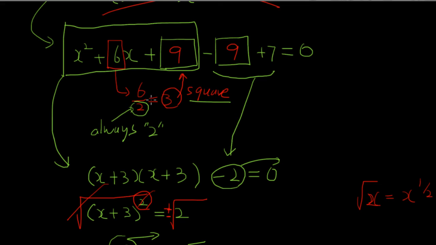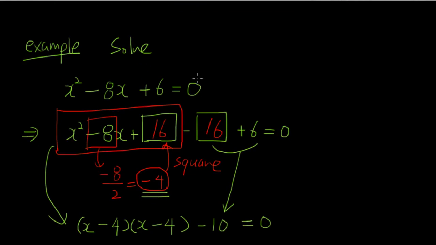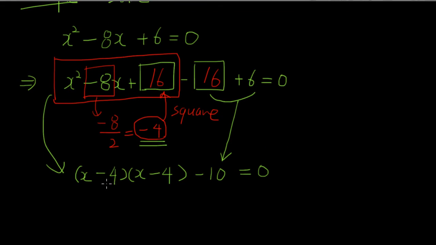Now, when we divide this number by 2, that was 3 here, and 3 was the number that we used here and here again, right? So is this a coincidence that also we use negative 4 here and here? Well, it's not a coincidence. It is actually always going to be this number that ends up here and here. It's always going to be those two numbers.